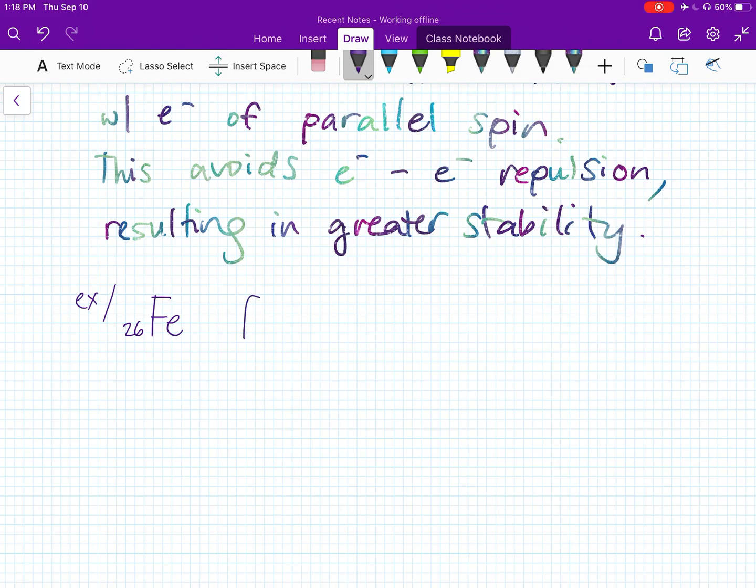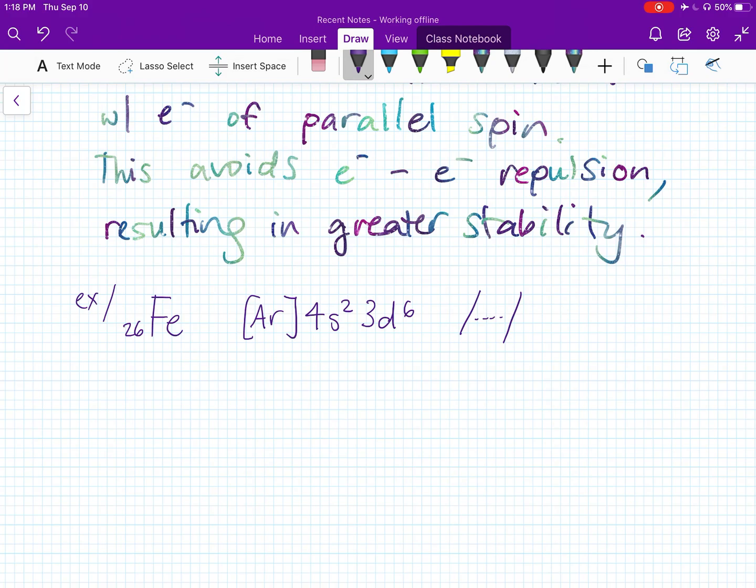You may recall from a previous lecture that we can abbreviate its electron configuration as the electron configuration of argon, followed by 4s2, 3d6.